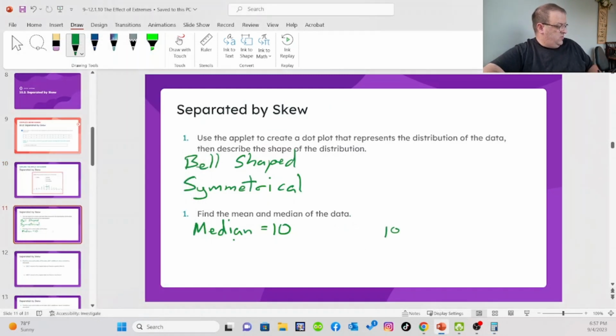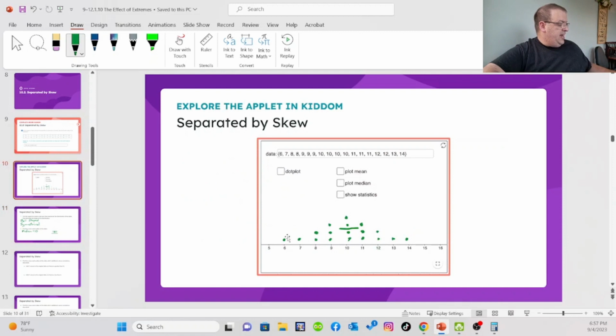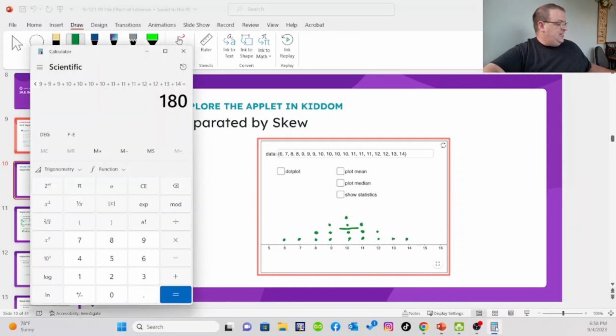So we can say 180, and we're going to divide that by how many points we have. We have 18.